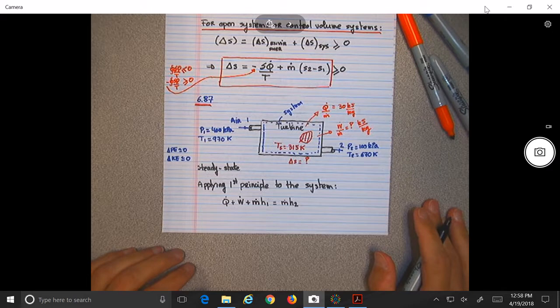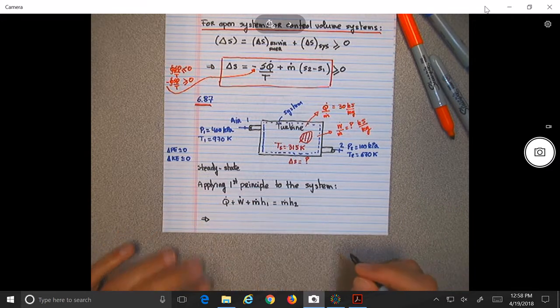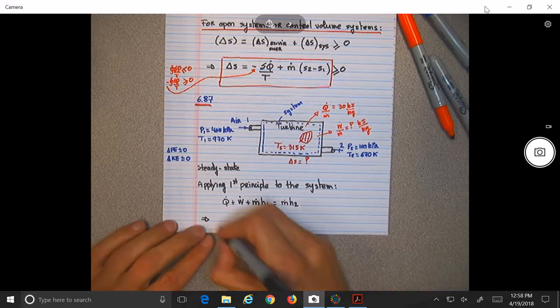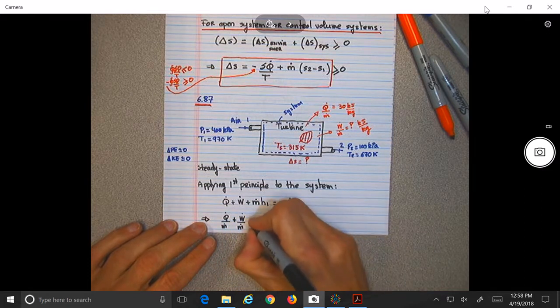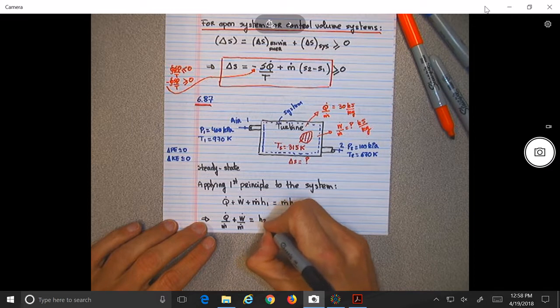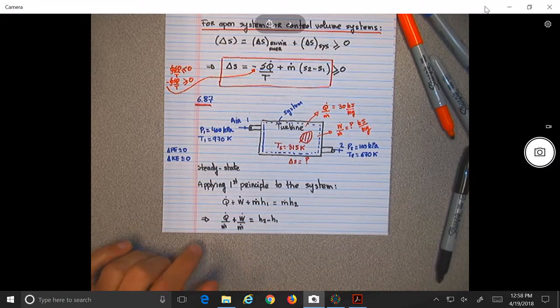So maybe something we can do is to divide by the mass flow right away, so we get W over M will be equal to H2 minus H1.